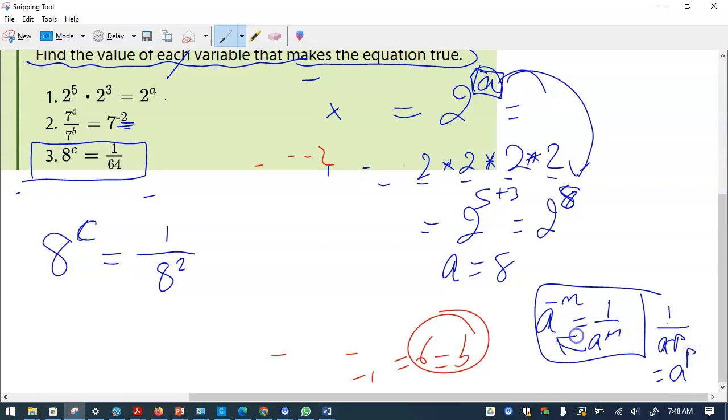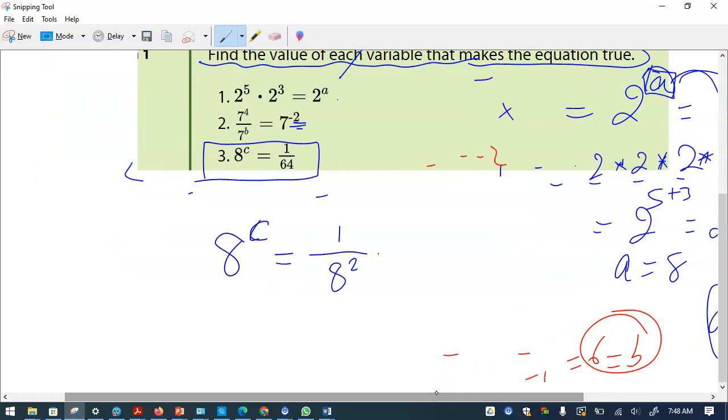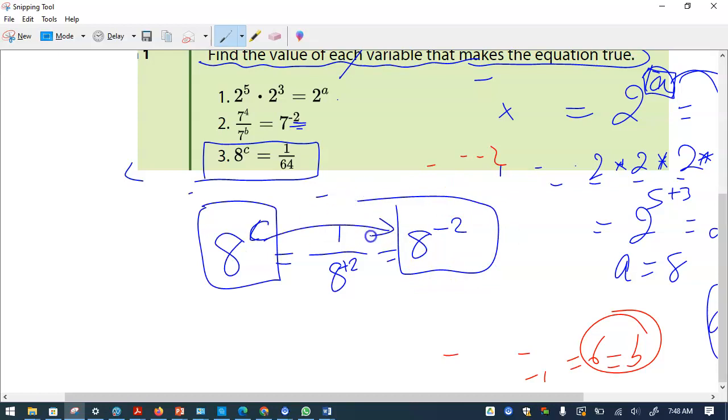So we will use this part. So here this is positive 2, so we can write it as 8 raised to minus 2. So this and this, if you compare, they have the same base, so c becomes equal to minus 2. So this is how we solved it.